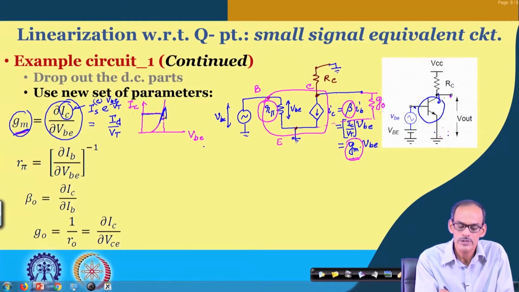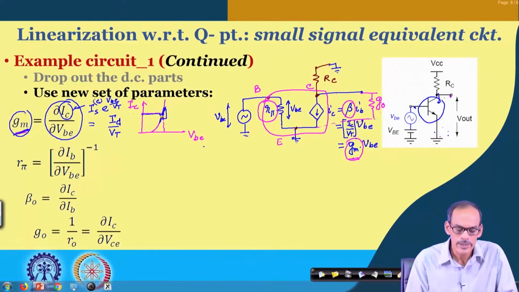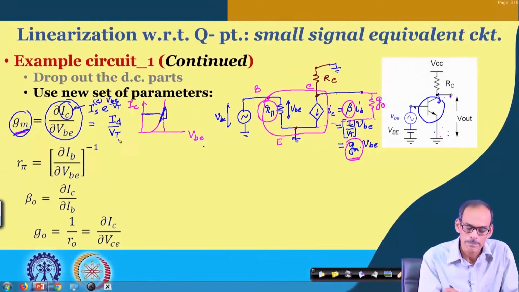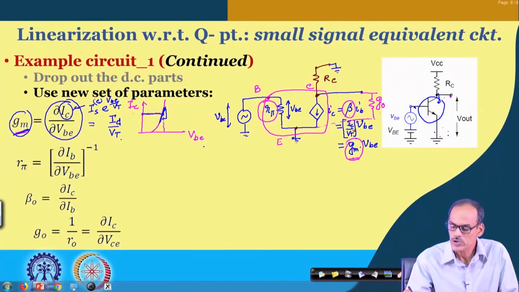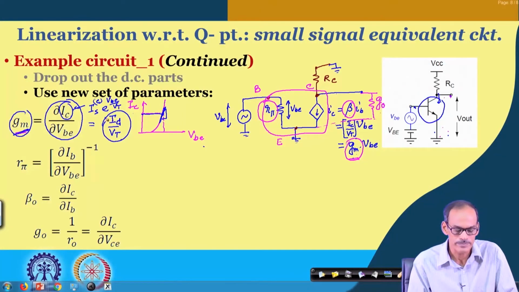If you consider the slope of this line, throughout this range we can assume that the slope remains constant, and hence you may say that this is capital IC divided by VT. So, that is what we obtain here: the expression of gm is capital IC divided by VT.